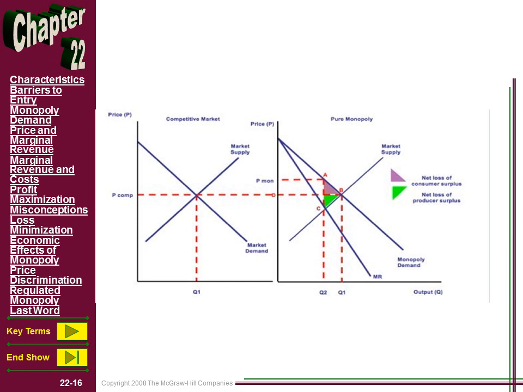If you look at that purplish triangle and the green triangle, that represents to society deadweight loss. The purplish triangle, that's the net loss of consumer surplus. And the green triangle, that's the net loss of producer surplus. What we're saying here is that fewer of these units are being produced. Q1 was desired by society, but the monopolist only produces Q2.